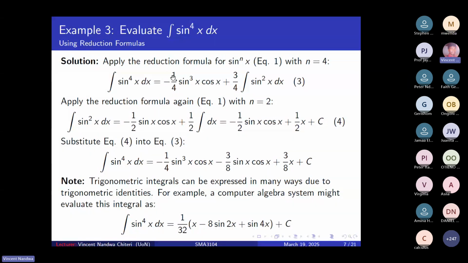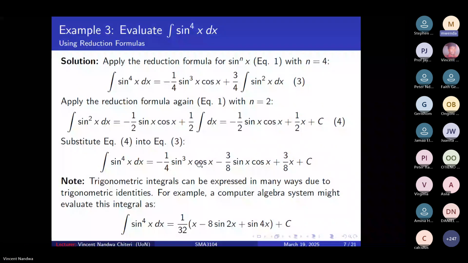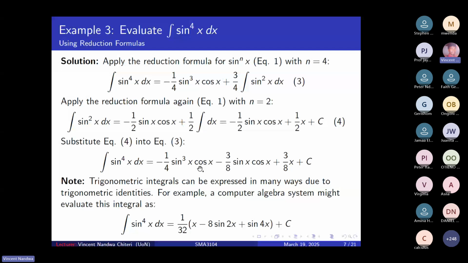Then 3 over 4 times minus a half gives us minus 3 over 8 sine x cos x, and 3 over 4 times a half gives us 3 over 8 x, then plus c. So this is the final answer for the integration of sine power 4x dx.